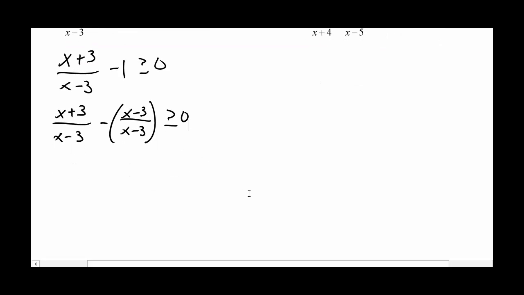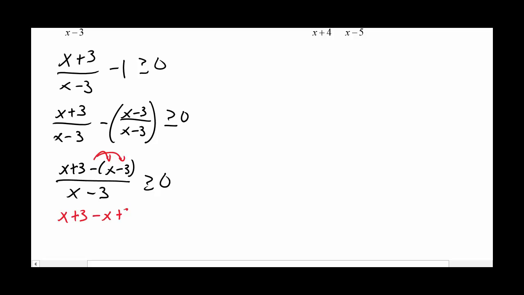Now that they have common denominators, I can bring them under one fraction: x plus 3 minus (x minus 3). I can do a little simplifying, so I distribute that negative in. I get x plus 3 minus x plus 3 over x minus 3.